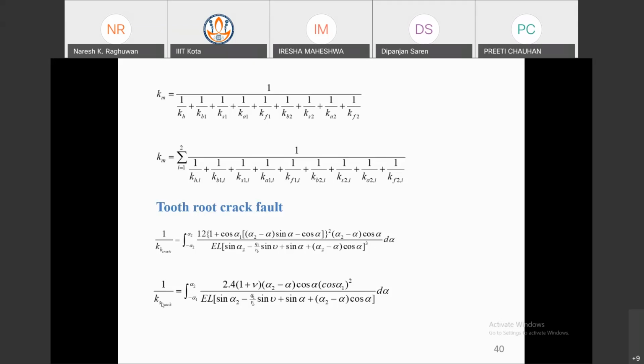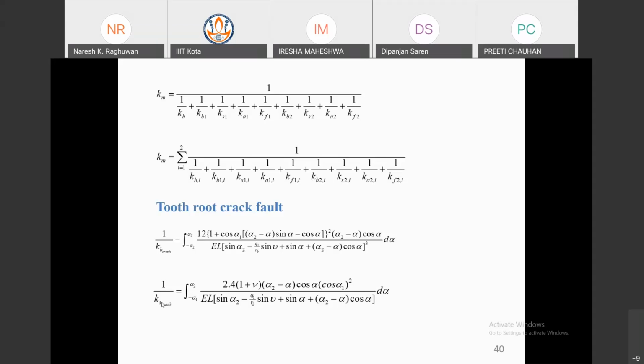Now, if there is a crack fault, the bending stiffness for crack and shear stiffness for crack are modeled, and q1 is the crack length. At the tooth root, the stress concentration is very high, so the crack will initiate at that point.